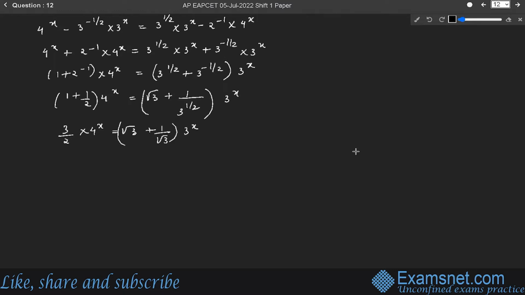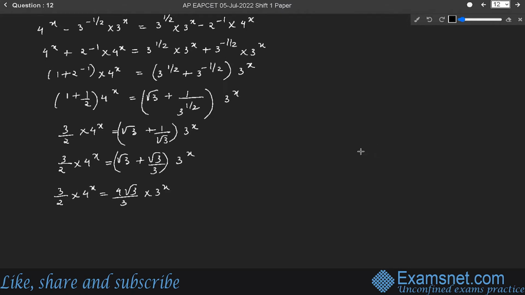It can be rationalized. So after rationalizing, it becomes 3/2 into 4^x equal to (root 3 + root 3) upon 3 into 3^x. Therefore, it will be 3/2 into 4^x equal to 4 root 3 divided by 3 into 3^x.